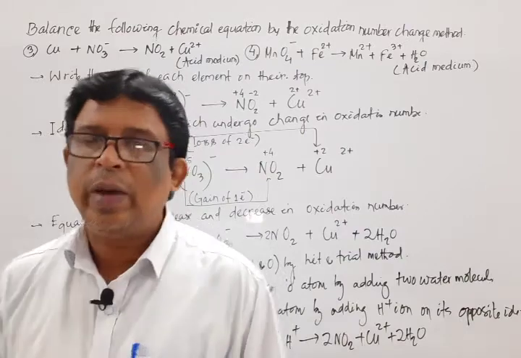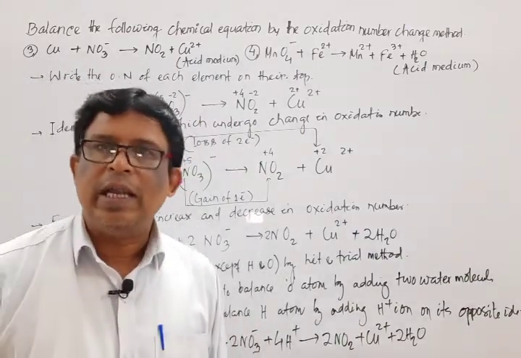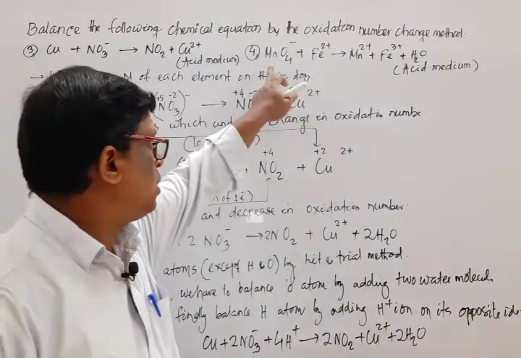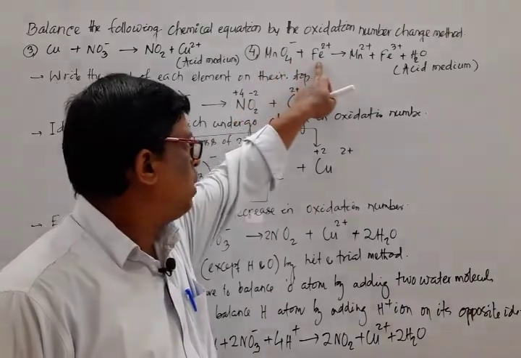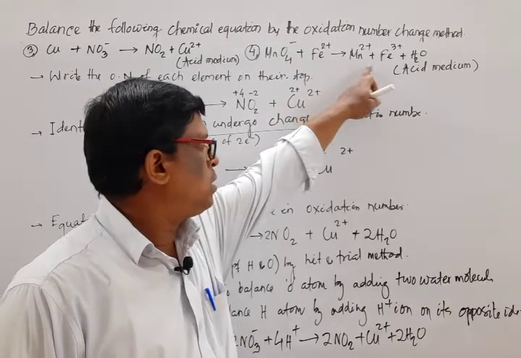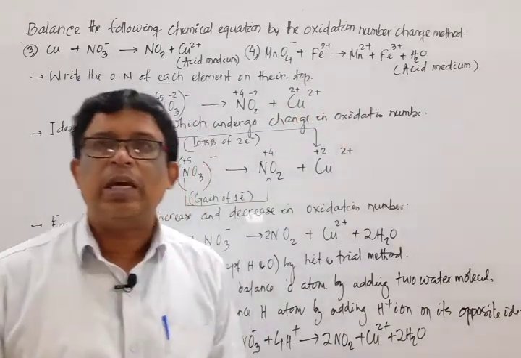It is the way to balance the equation in acid medium. Another equation is homework for you: MnO4 minus plus Fe2 plus give rise to Mn2 plus plus Fe3 plus plus H2O.